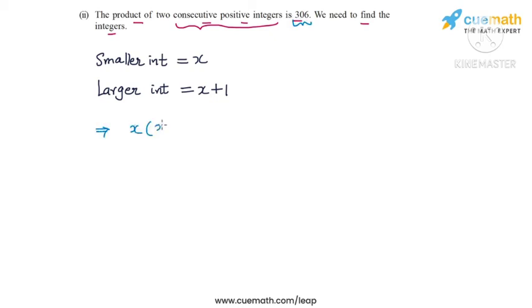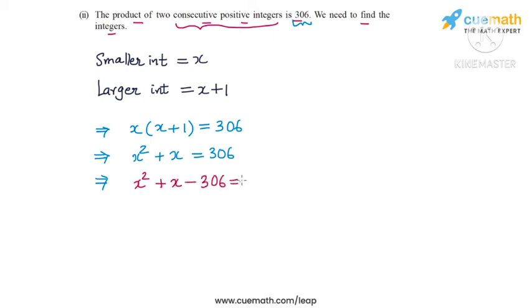So the product of the two integers should be equal to 306. And now let's write this equation in standard quadratic form. We have x square plus x equal to 306, and this means that x square plus x minus 306 equal to 0. So this is the quadratic equation that represents or models the situation in part 2.